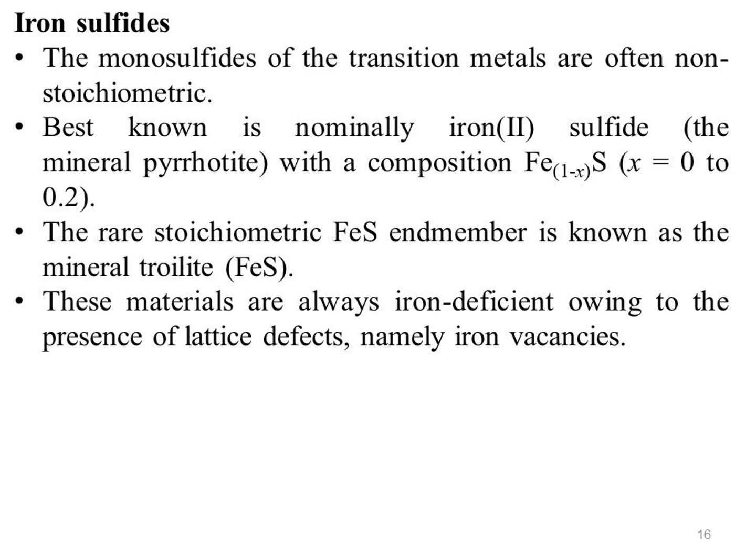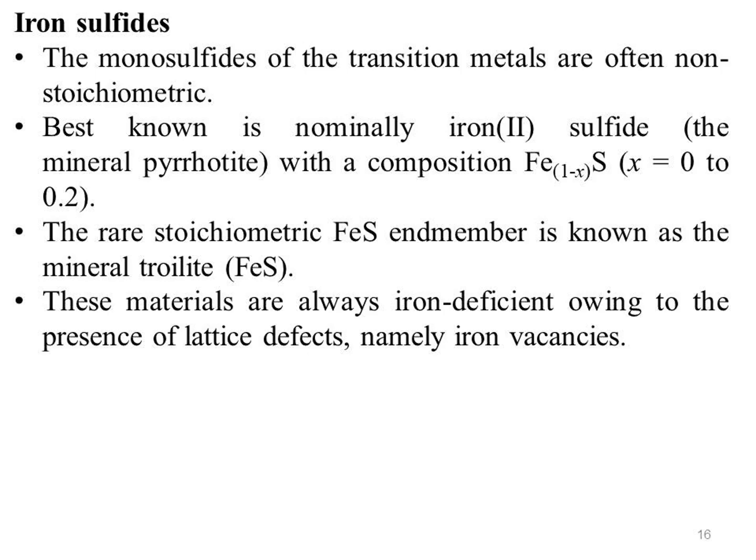The rare stoichiometric FeS end member is known as the mineral troilite. Pyrrhotite is remarkable in that it has numerous polytypes, that is, crystalline forms differing in symmetry, monoclinic or hexagonal, and composition.